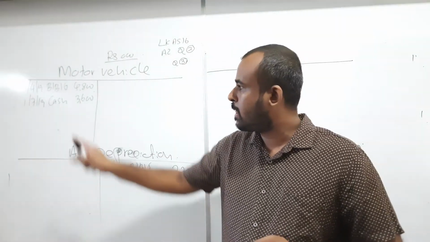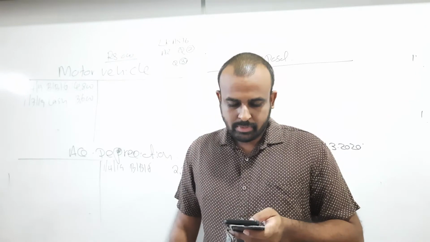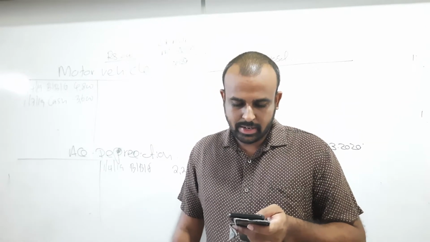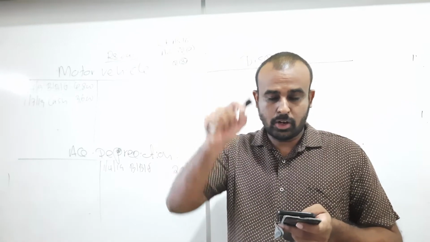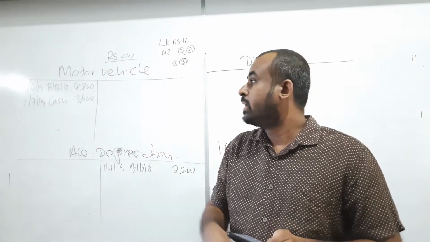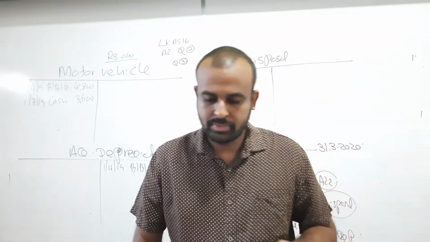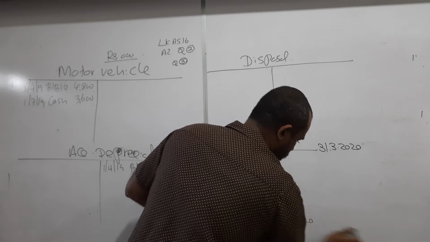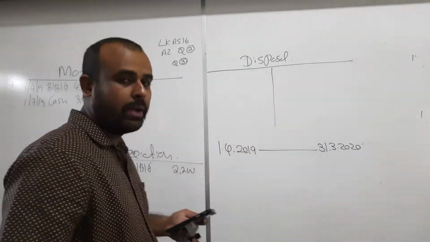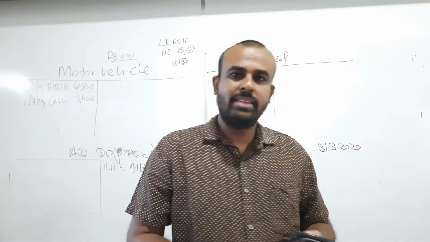Next, on 1st October 2019, a motor vehicle for 1,200,000 was disposed of. This had been purchased on 1st April 2017 for rupees 2 million. Now there's a disposal. When there is a disposal, what is the first step you need to perform? Remove the cost of the asset you dispose.